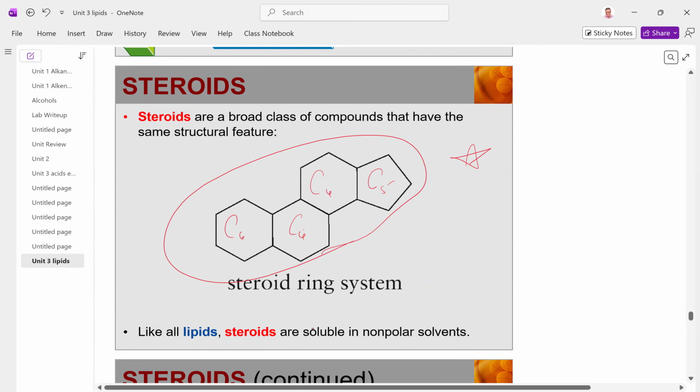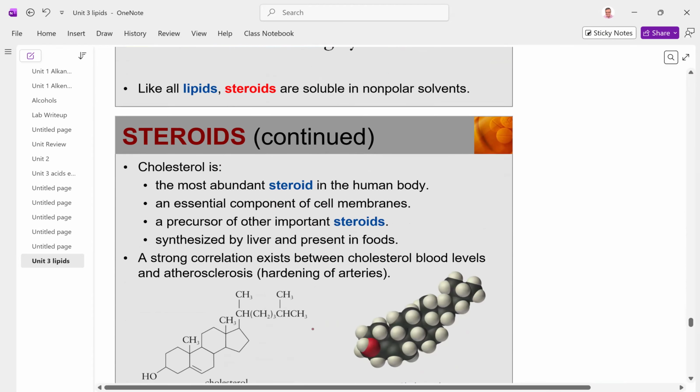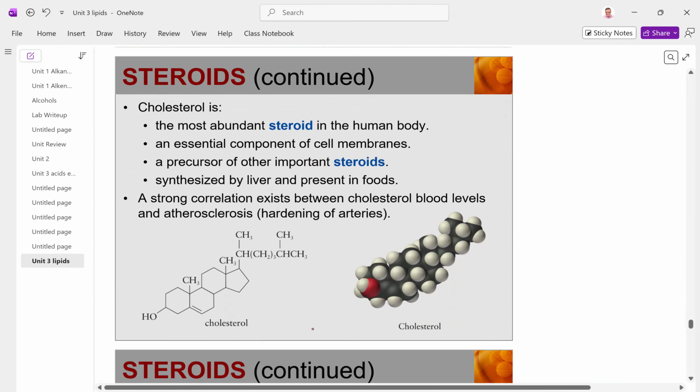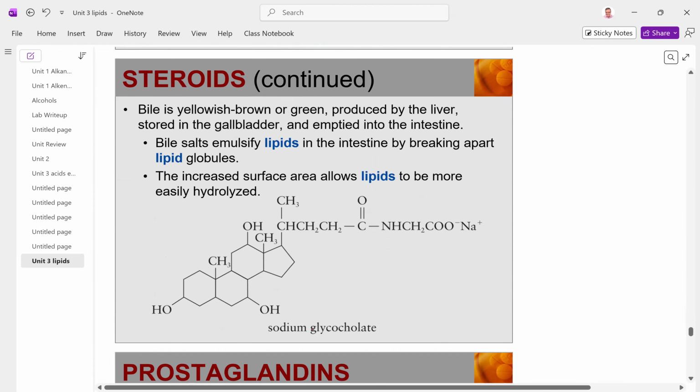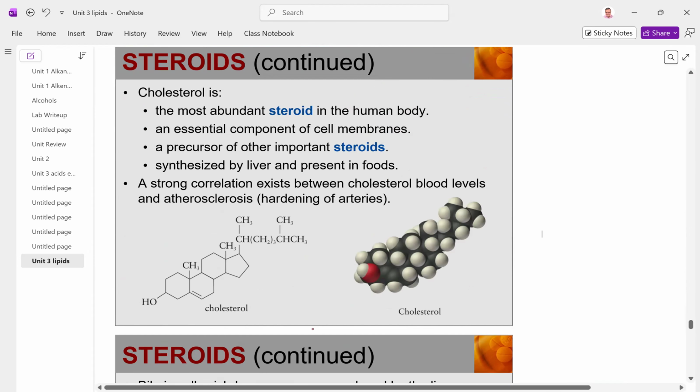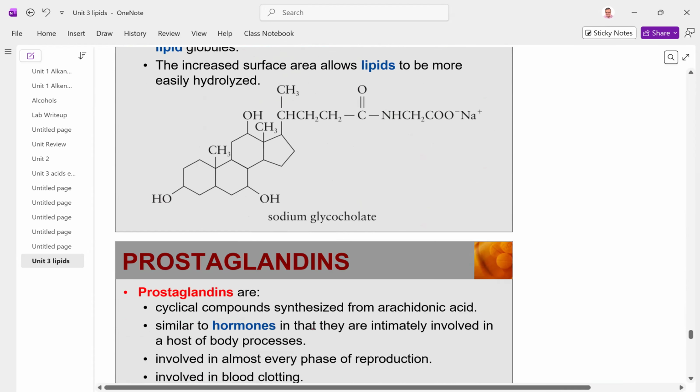They have to be in this order. They cannot be strung straight across. They have to be 1, 2, and then up 1, 1, 2. There are various steroids, and they're very, very common. Cholesterol is probably the most popular one you've heard of.